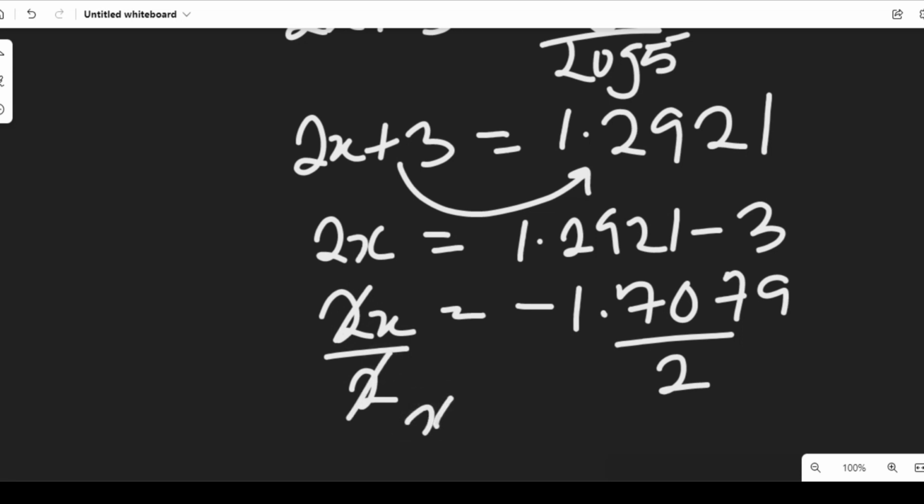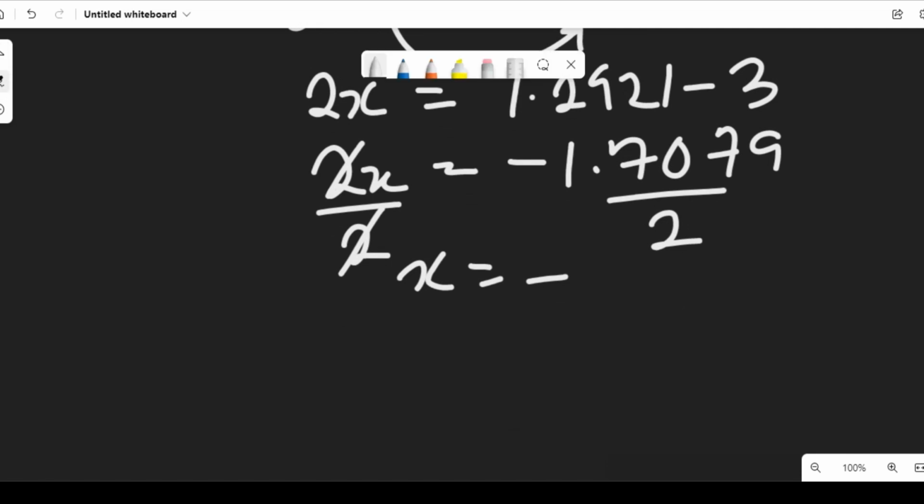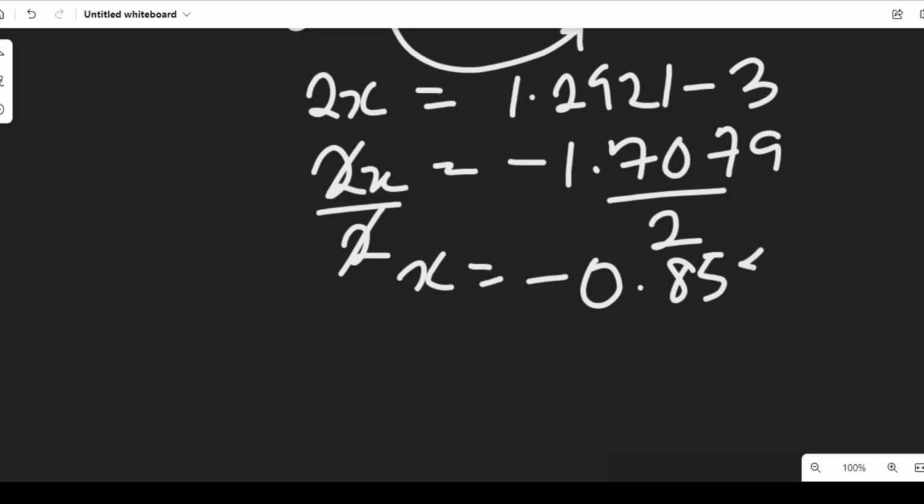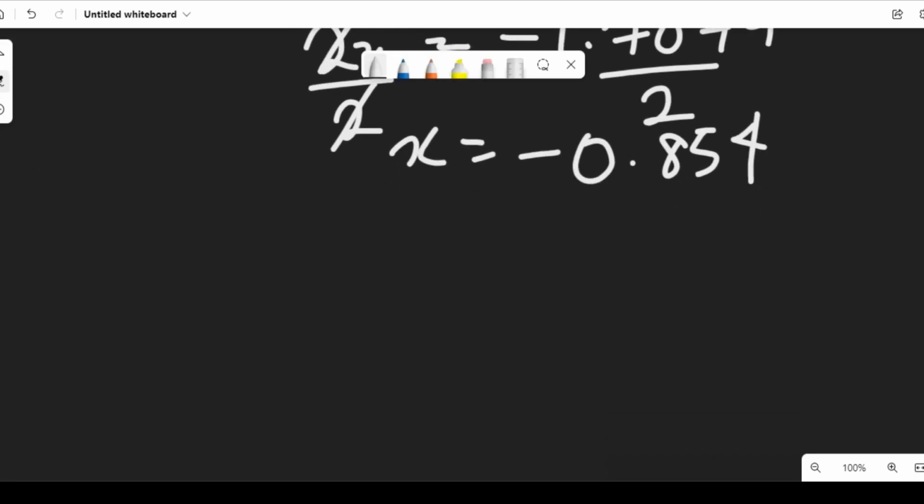Then we'll have x equal to negative 1.7079 divided by 2, and that will give us negative 0.854.